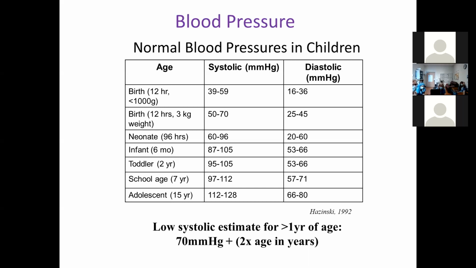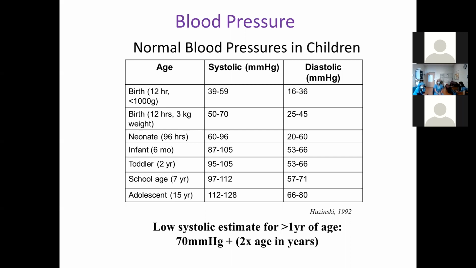For kids greater than 1 year of age, the formula is 70 plus, in brackets, age multiplied by 2. For example, if you have a 4-year-old, their minimum systolic blood pressure is 74.